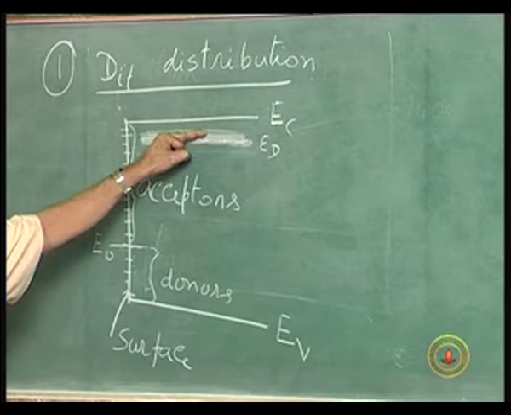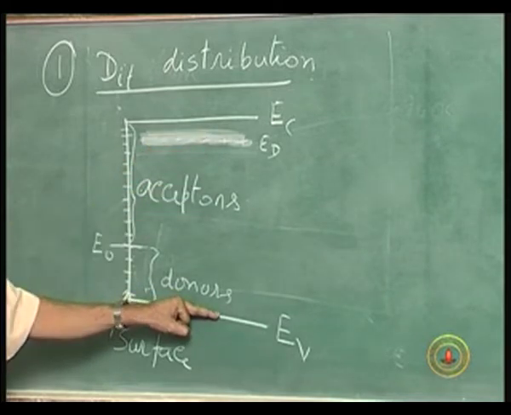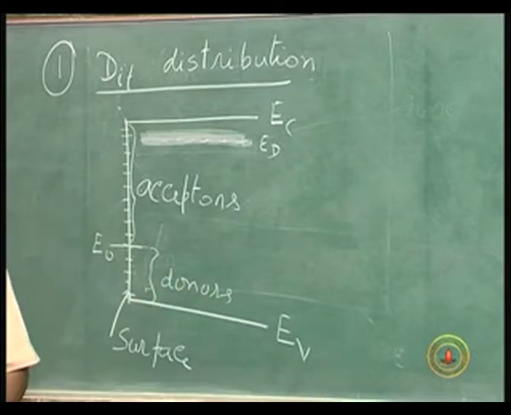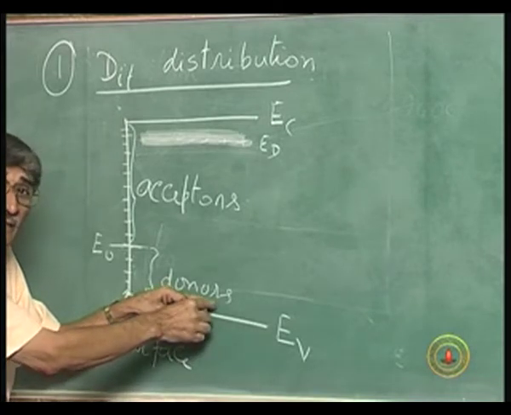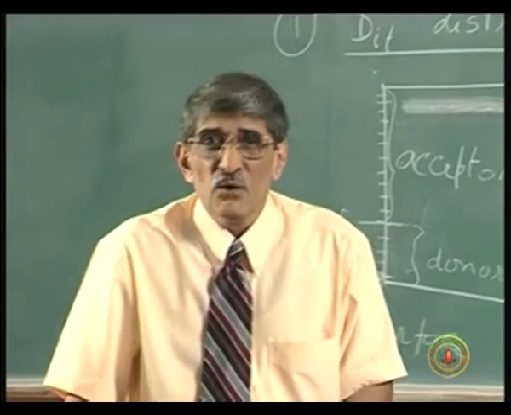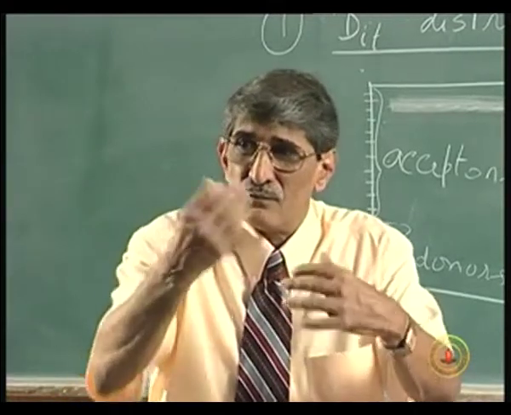Similarly, the acceptor level you locate here, shallow, that is called a shallow level, because it can easily accept an electron from the valence band. That means, when the electron is accepted from the valence band to that level, it has donated a hole to the valence band, and that gets ionized. When you say a donor is ionized, it has donated an electron to the conduction band.